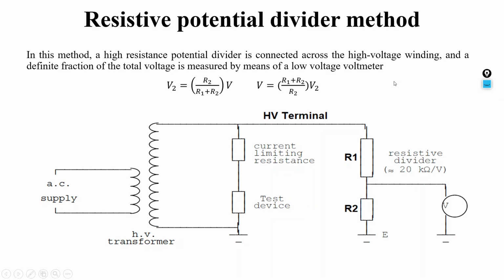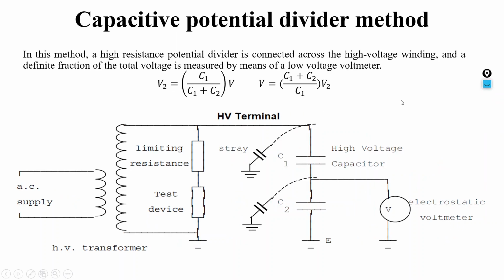Then we'll move to the next method, that is the capacitive potential divider method. It is similar to the resistive potential divider circuit. Again we have a high voltage terminal across which we have to carry out the measurement. We have the capacitive potential divider circuit in which two capacitors C1 and C2 are connected in series.